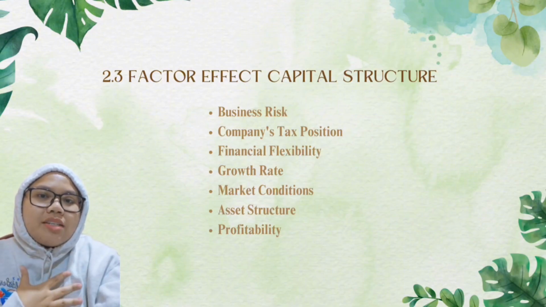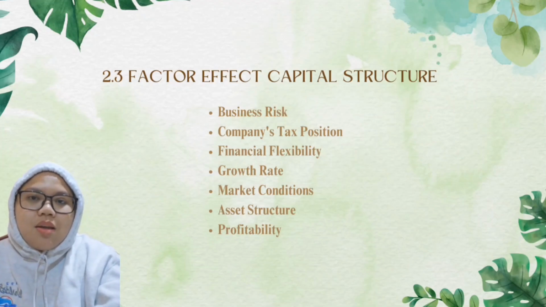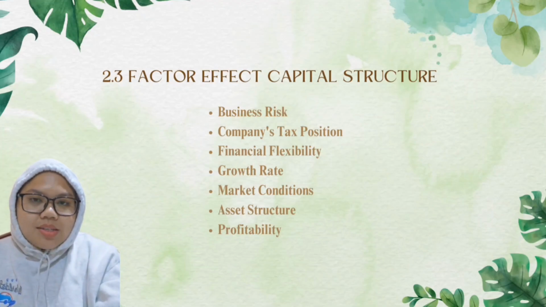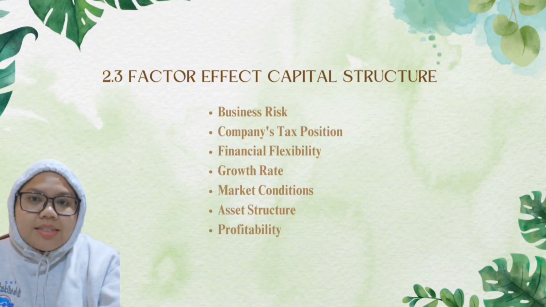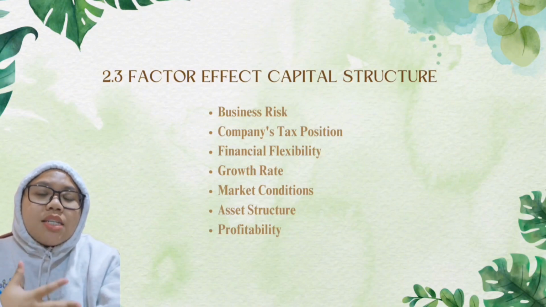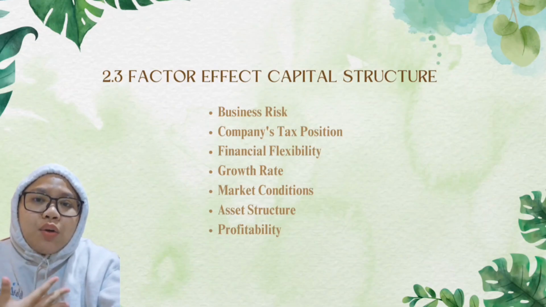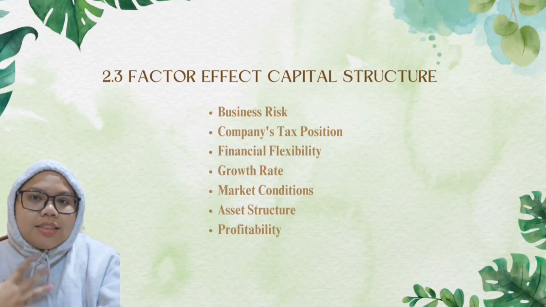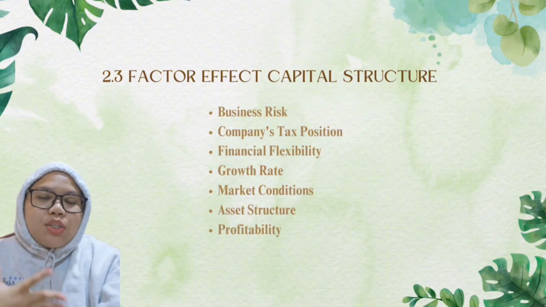Here are 7 factors affecting capital structure decisions in business. First, business risk. Higher business risk makes it harder for companies to pay fixed debt obligations since it increases earnings uncertainty.